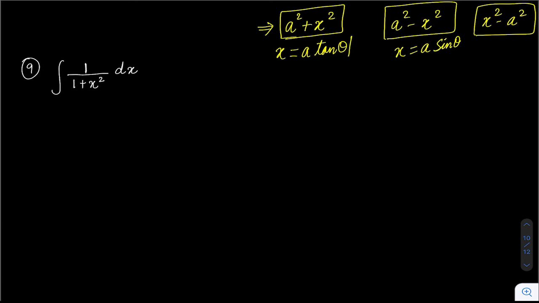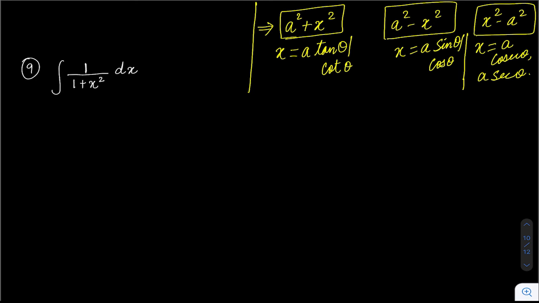So let me just write tan theta or cot theta. But actually, we generally use tan theta only, because in cot theta differentiation, you get a negative sign and things like that. Anyways, for x square minus a square, you have to use the substitution of x equal to a times cosecant theta or a times secant theta. So these are the trigonometric substitutions.